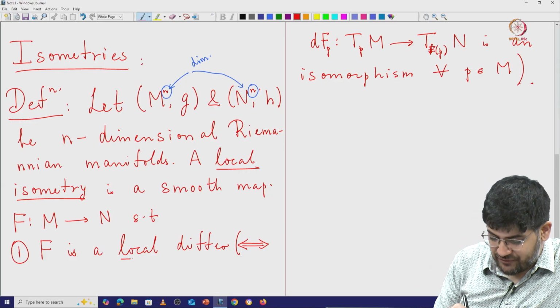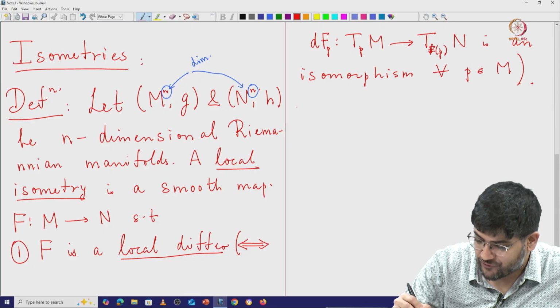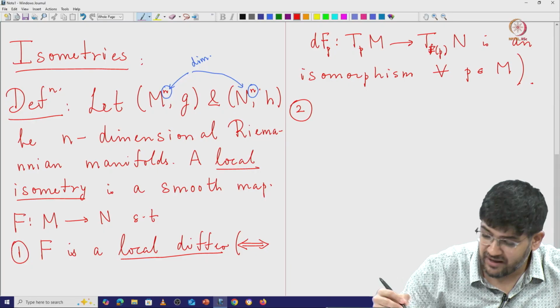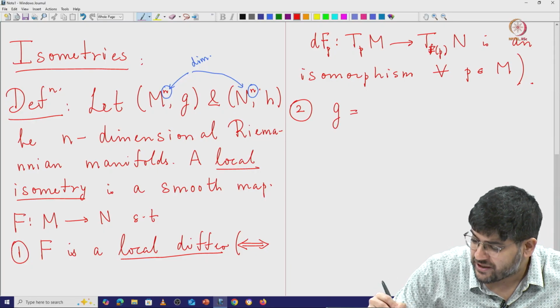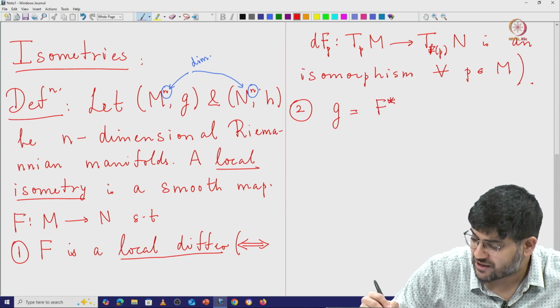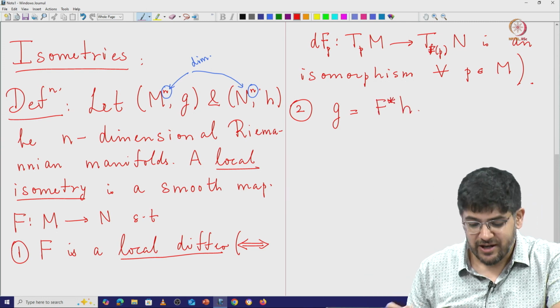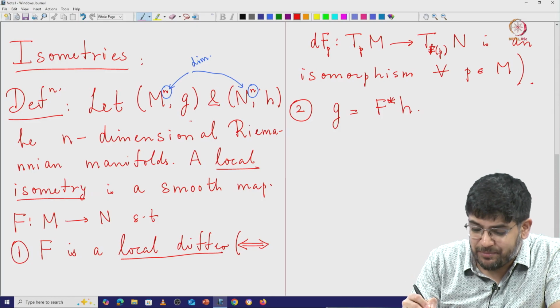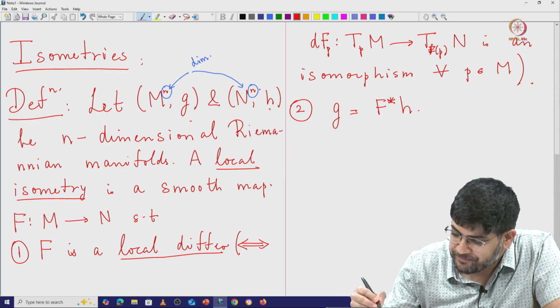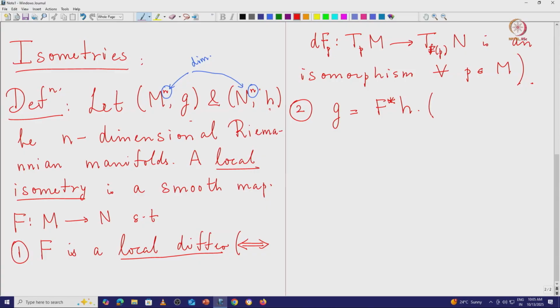So we firstly need F to be a local diffeomorphism, and then I want g to be precisely given by F star of h, the pullback metric. So the metric on M is simply the pullback of the metric on N. So this is the isometry part of the definition.